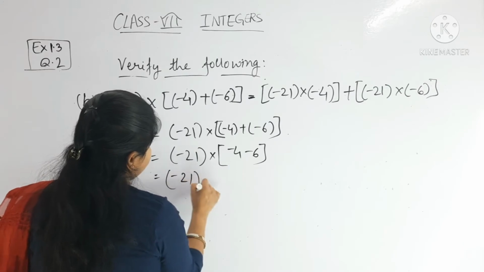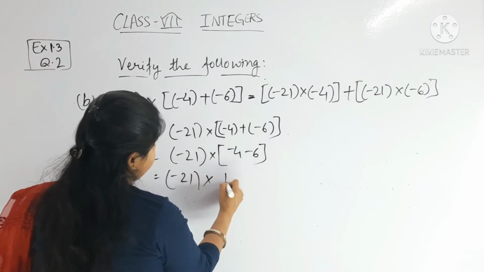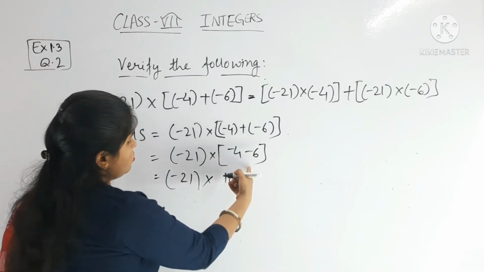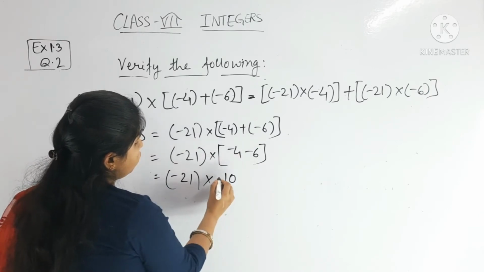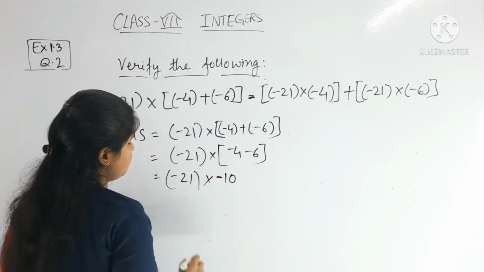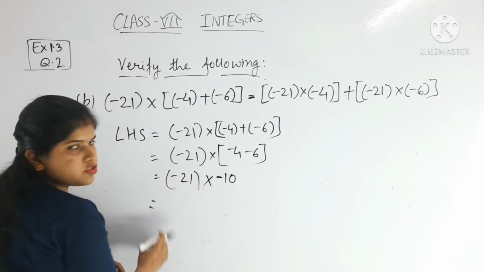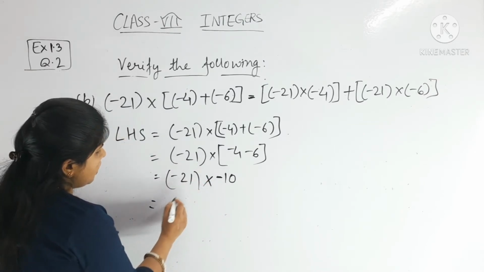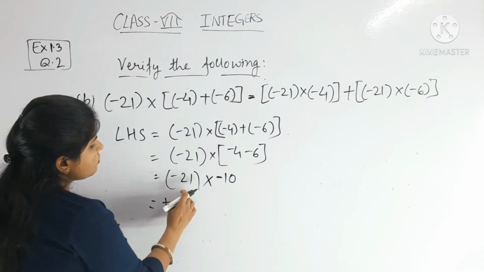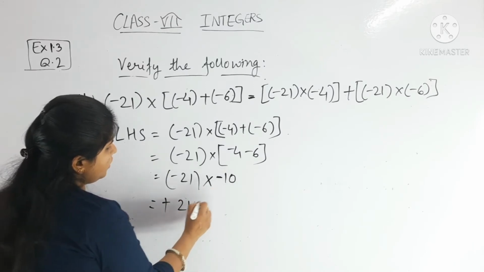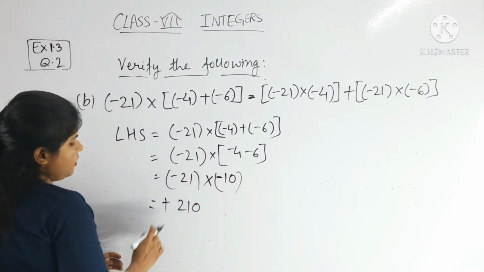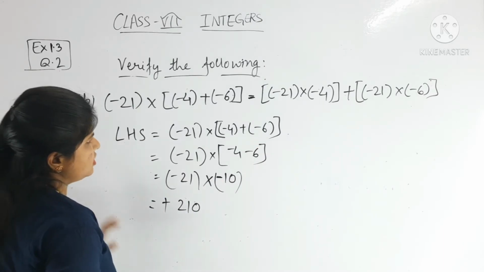Minus 21 into 6 plus 4 is 10. Minus minus is plus, so the operation is plus, but we have to write the negative sign. In multiplication, minus minus is plus, so the sign will change. Minus minus is plus, and 21 into 10 is 210. This is the LHS part.